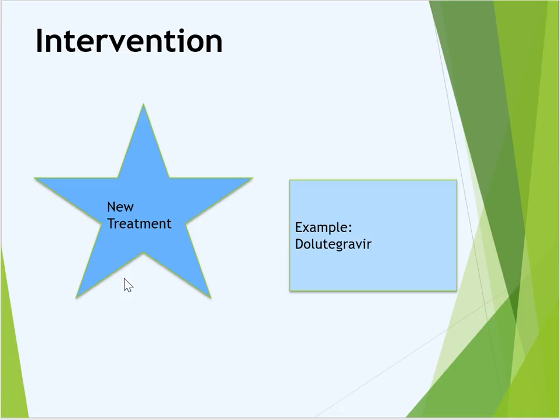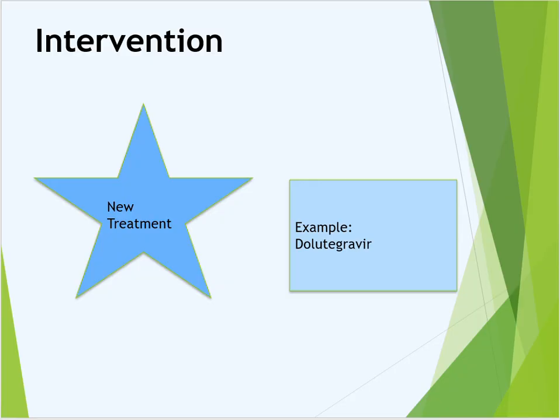So the intervention is the exact thing that you're bringing on board. For example, it could be a new treatment. We already have some existing treatments, and now you're bringing in something new, or you're trying to test something that hasn't been tested yet. That will be the intervention, the exact action you're going to take during your study.